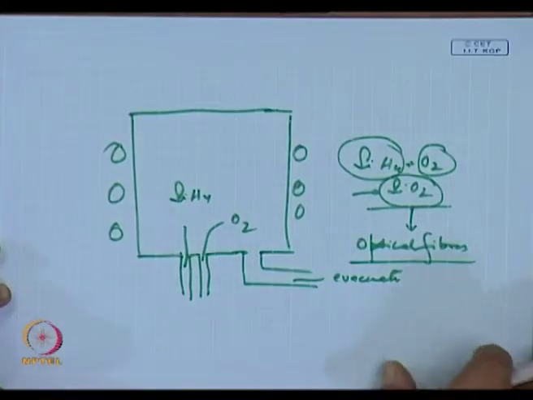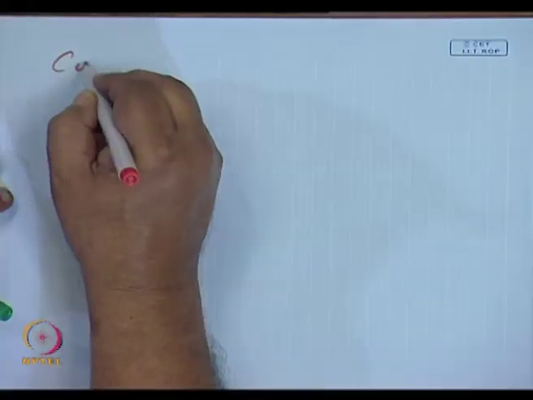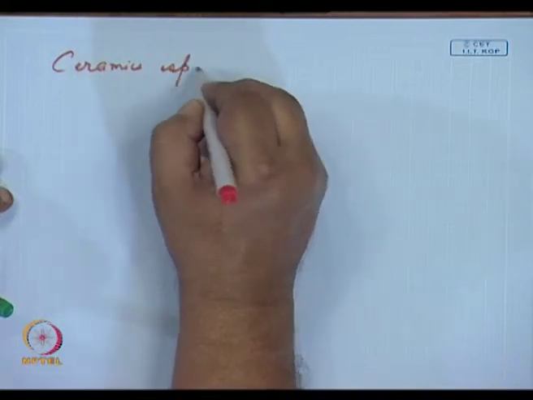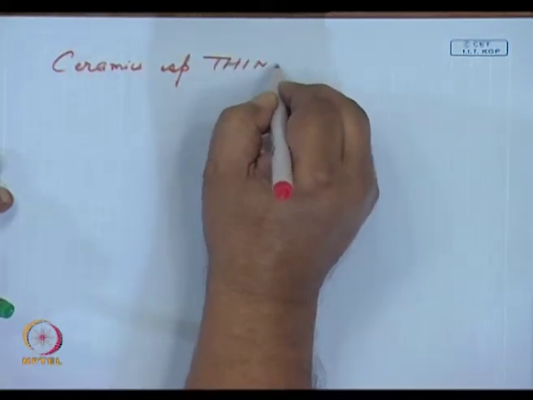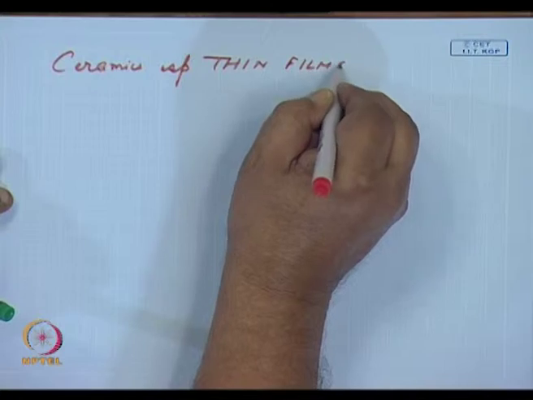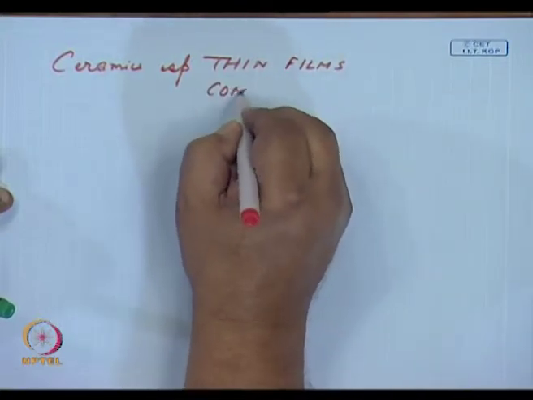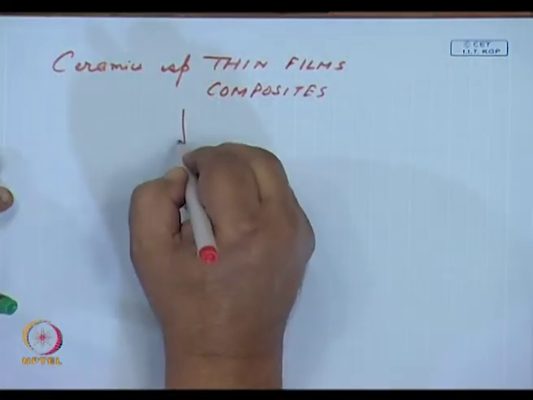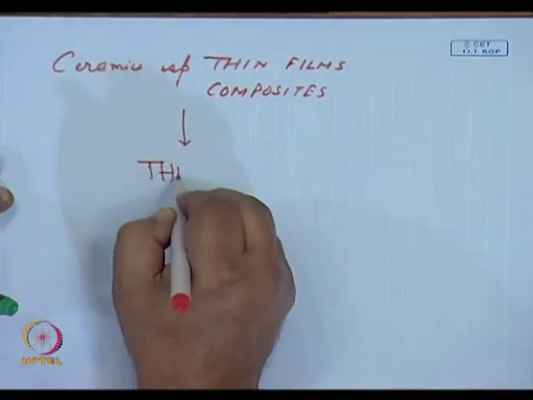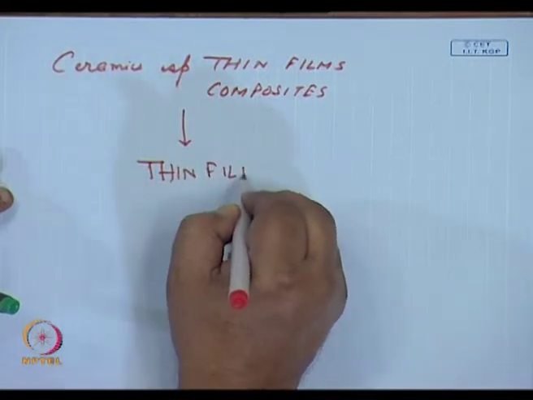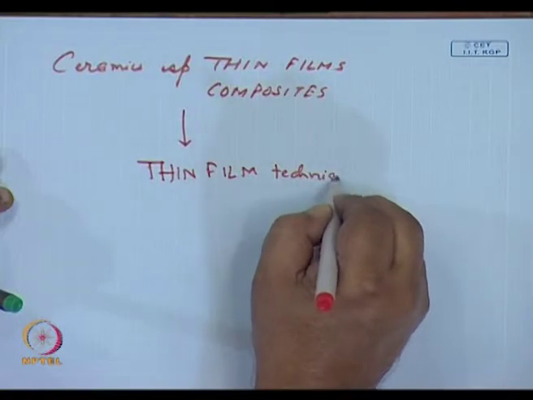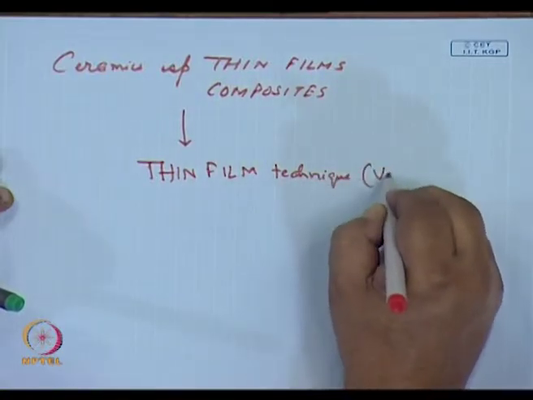In addition to hot wall reactions, ceramics, especially thin films, which I shall talk of later, and composites are made by thin film processing, thin film techniques, and this is done in vacuum.